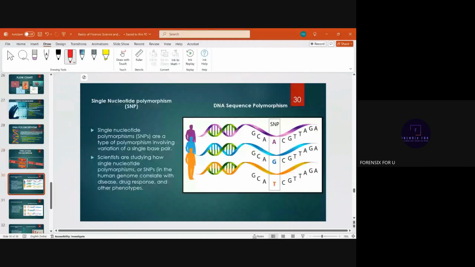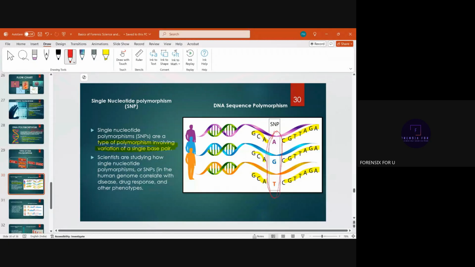Now what is an SNP? Single nucleotide polymorphisms are a type of polymorphism involving variation of a single base pair. As you can see in the image here, all the remaining sequences are the same. The only thing that is changing is this nucleotide at this position.